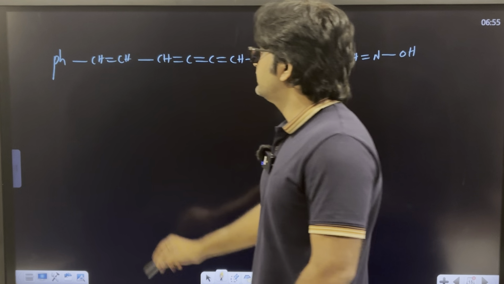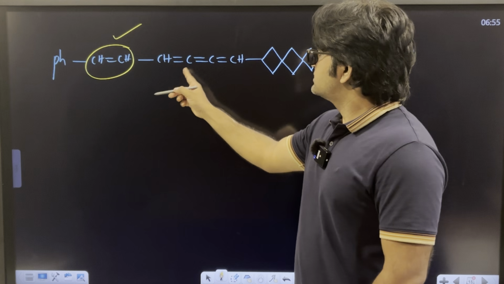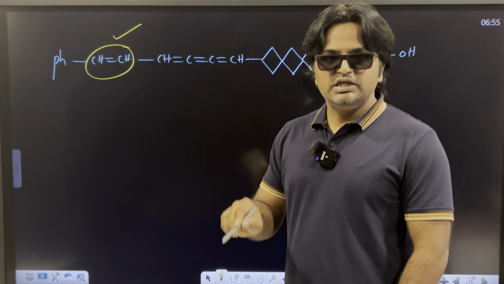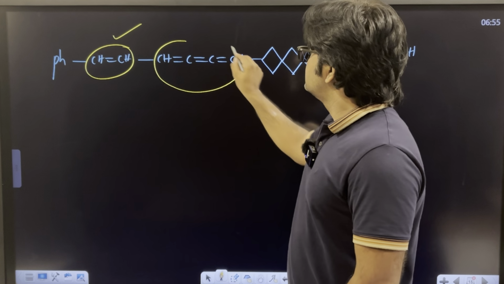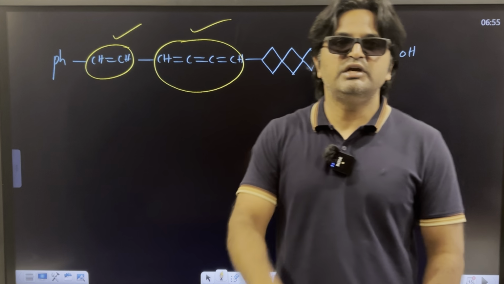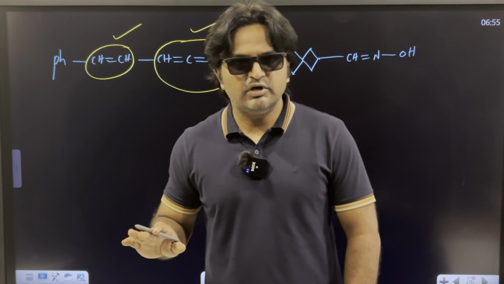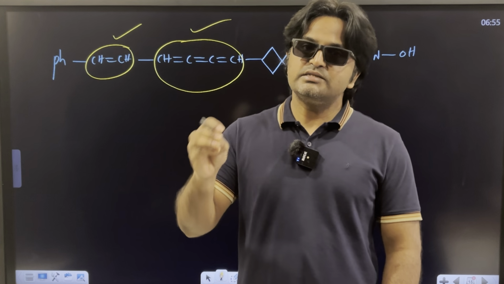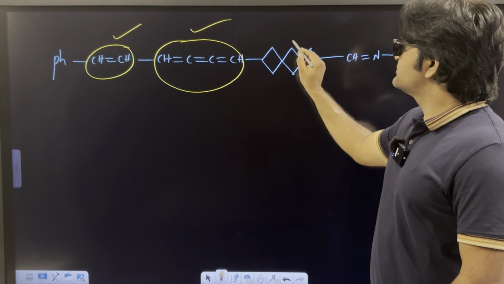Okay, how to calculate? Now this double bond can show geometrical isomerism. Next one here, what type of system is given? Even allene system or odd allene system? It is odd allene. This one is also considered as one segment for geometrical isomerism. An even system will not show geometrical isomerism, but an odd system will. Next one, odd spiro compound or even spiro compound?